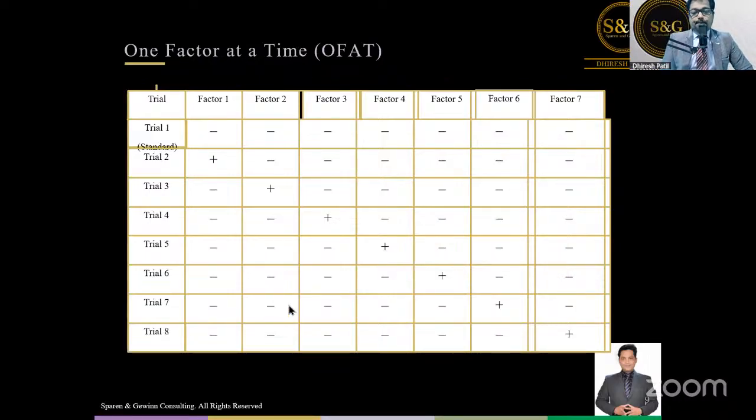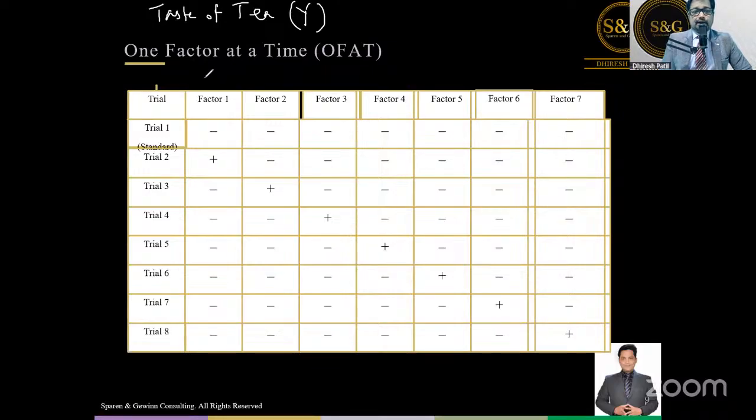Now, what is this one factor at a time? Let's try to understand. Let's take a very simple example of taste of tea. We want to improve the taste of tea, and there are various factors.